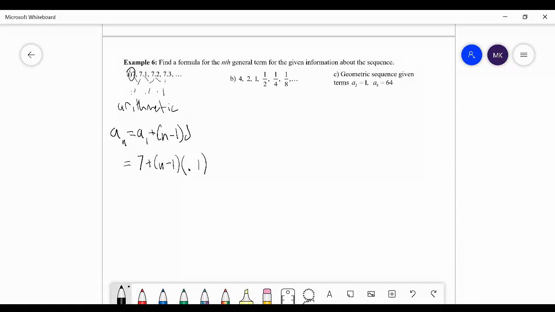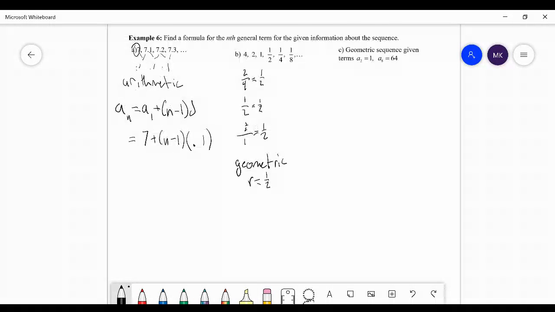And so I need to take a term divided by its previous. 2 divided by 4, that's 1/2. 1 divided by 2, that's 1/2. 1/2 divided by 1, that's 1/2. If we continue to check, 1/4 divided by 1/2 is 1/2. 1/8 divided by 1/4 is 1/2. So this is geometric, and r is equal to 1/2.